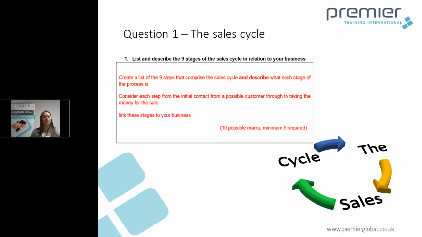If you just list, you won't achieve the minimum marks for this question. When you've done that, you need to link this throughout to your chosen business to get the additional mark there. So you do need 8 marks as a minimum. 10 are available for this question. So that was page 5 in your sales manual for those 9 stages.